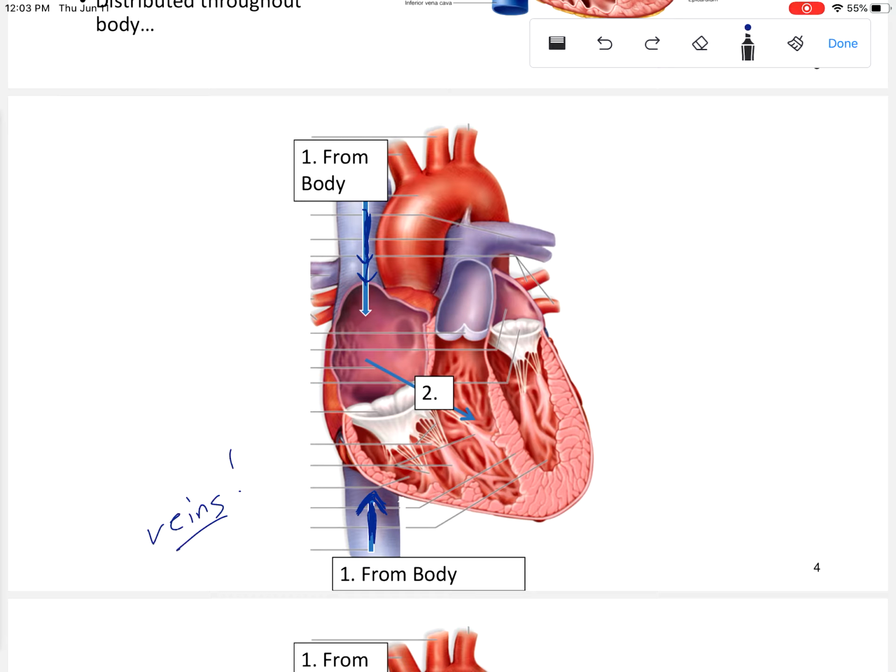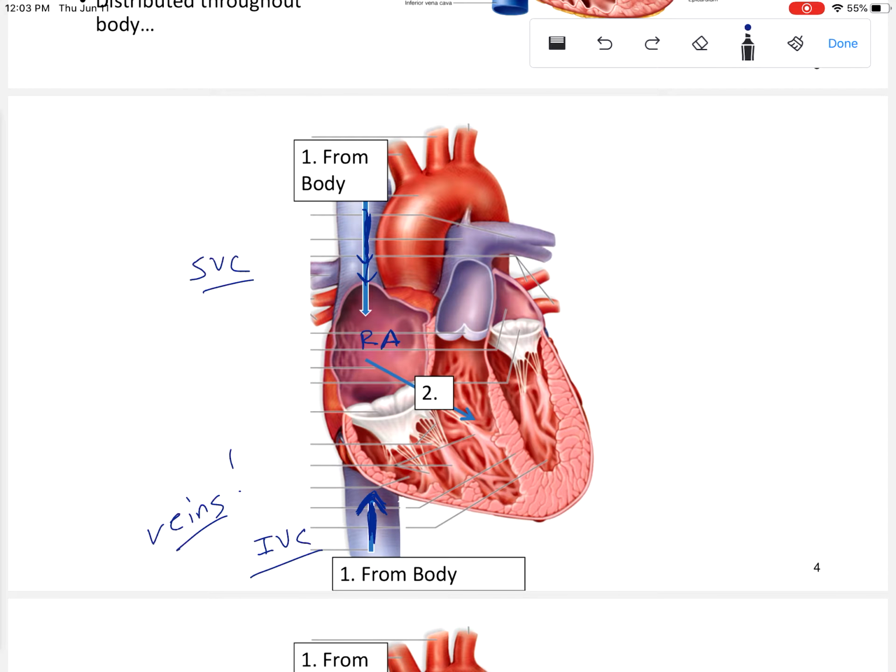Blood from the upper body is going to return back into the right atrium via the superior vena cava. Blood from the lower body is going to return back into the heart via the inferior vena cava. And of course, all of this deoxygenated venous blood is going to dump into the right atrium.